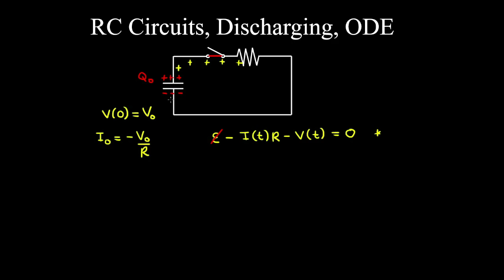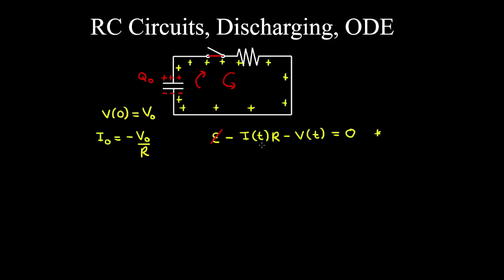But we know that the electrons are the actual charge carriers, and this flow of charge is just used as a convention. So that's why our initial current is negative, because when we connected the battery, current was going anti-clockwise. But now that we disconnected the battery and the capacitor is discharging, the current's going to flow in the opposite direction.